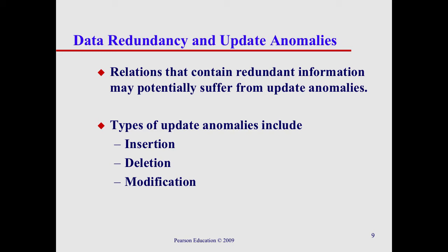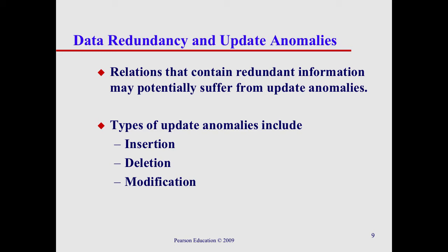Okay. So again, the way you get rid of essentially insert and delete anomalies is you ensure you have only one entity per relation. And then the way you're going to get rid of your update anomalies is those are often relationships.